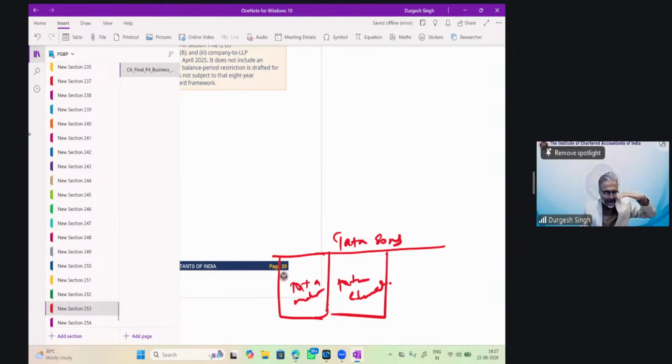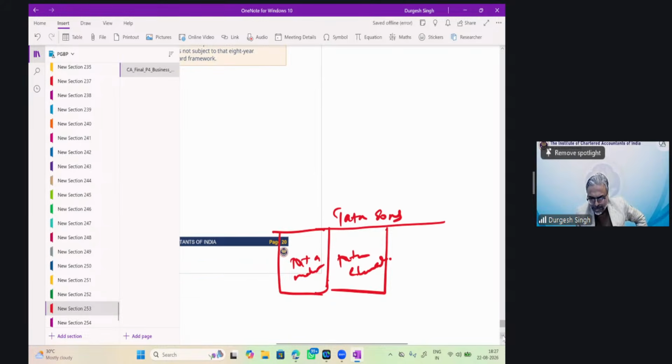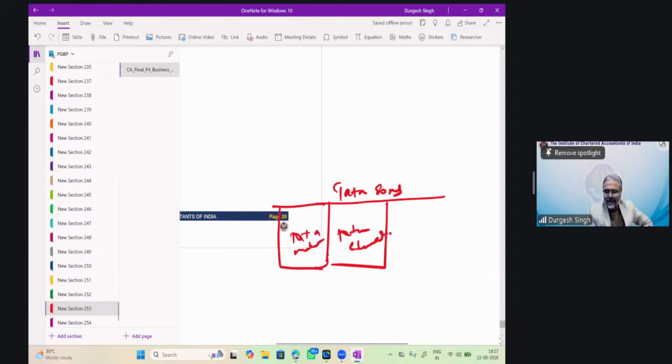Now, please understand, students, in this particular context, be careful on this part. What happens now? Say Tata Motors, or Tata Chemicals, has become Tata Chemicals Limited. The assets will be there in the division, and the division will also have its liability, isn't it?